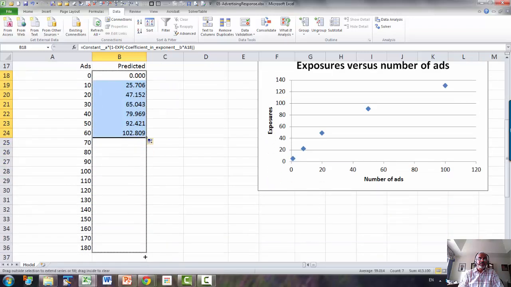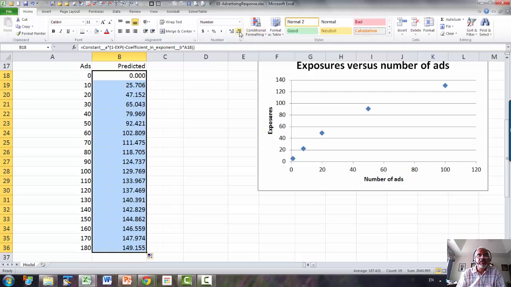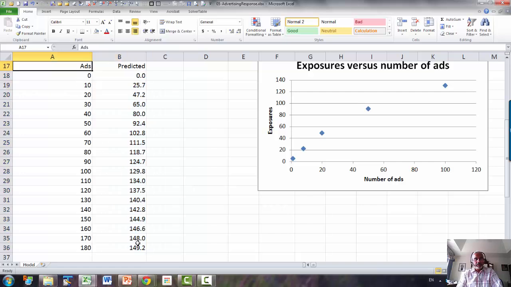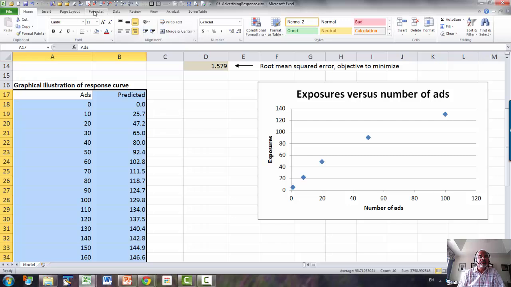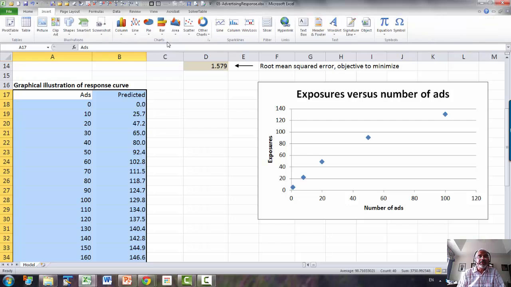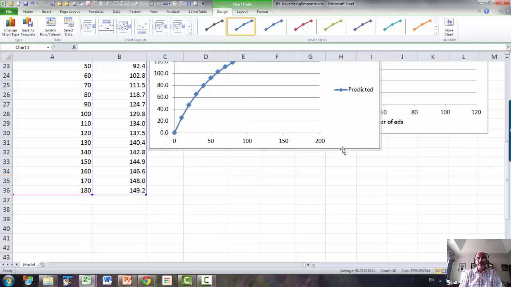Let's reduce the number of decimal places here to just one. Now we want to plot the predicted on the y-axis and the number of ads on the x-axis. So let's plot that as a scatter plot like that.